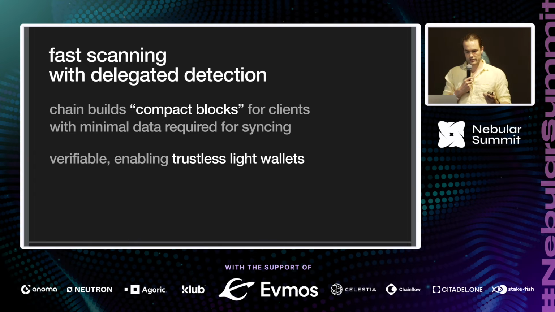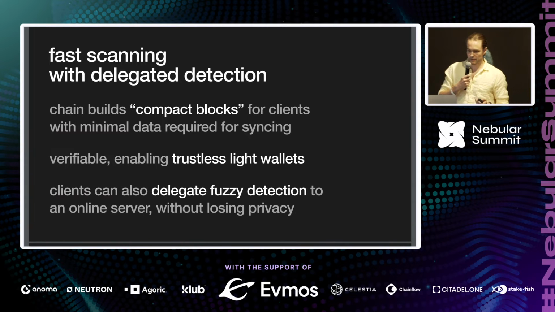And we actually put those compact blocks into the public chain state so that you, as a client, can authenticate what the contents of that compact block are relative to the block headers. So this is really cool because it lets you have, I think maybe for the first time, a trustless private light wallet, where you keep everything that you like about having a light wallet, not having to run a full node and maintaining only minimal data, but you're not dependent on whatever particular server you're talking to being honest.